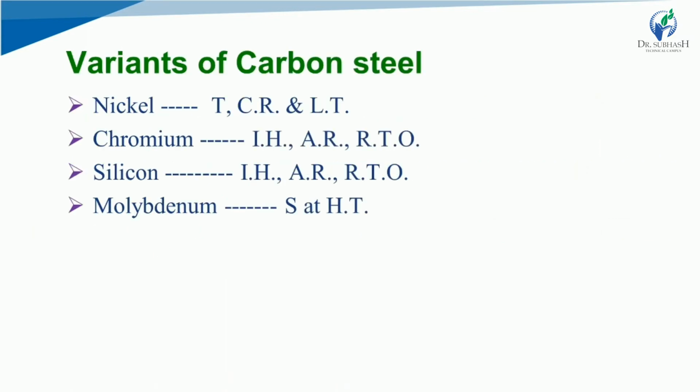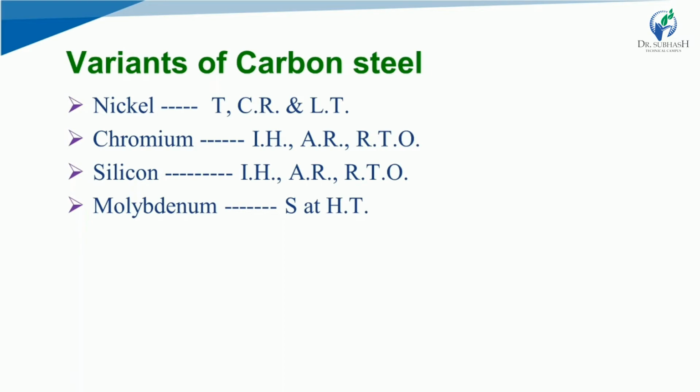Variants. This is important. Variants of carbon steel. There are different varieties of carbon steel. Please listen to this very carefully. Nickel, chromium, silicon and molybdenum. So these are some of the varieties. The property of carbon steel can be changed by alloying it with other metals.